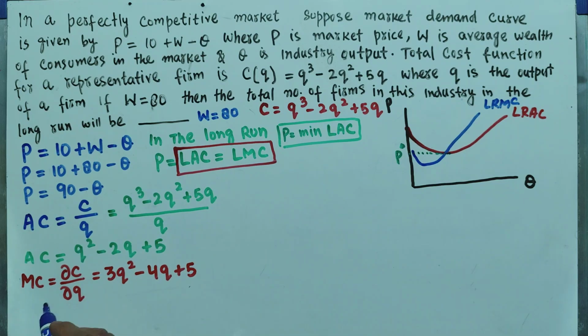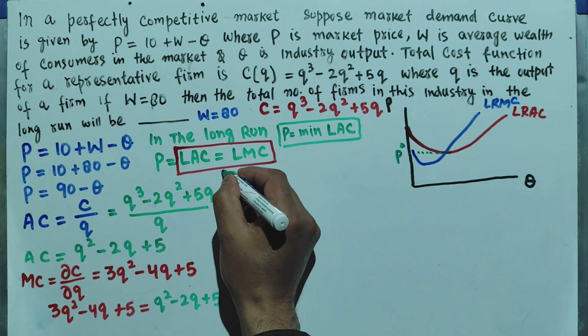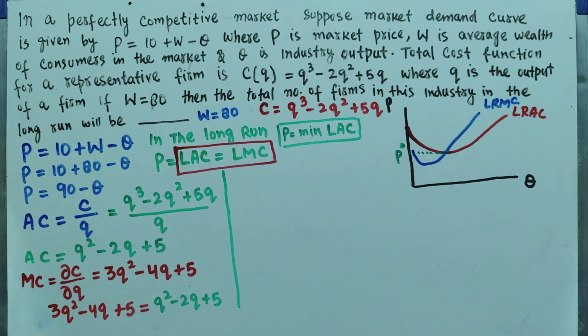So we equate 3q square minus 4q plus 5 with the average cost, which is q square minus 2q plus 5. We need to solve for the output of the single firm here.